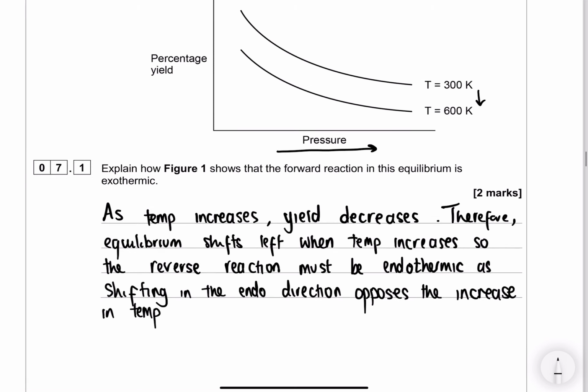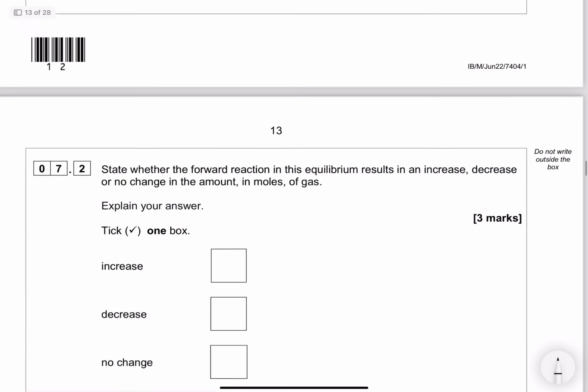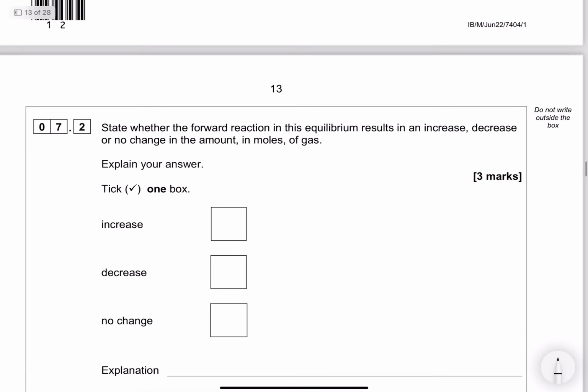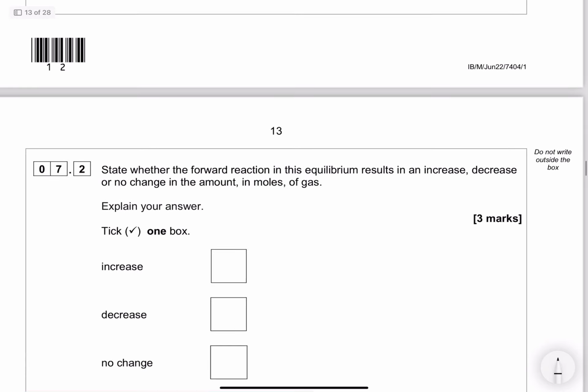Conversely, that means the forward reaction must be exo. State whether the forward reaction results in an increase, decrease, or no change in the amount of moles of gas.